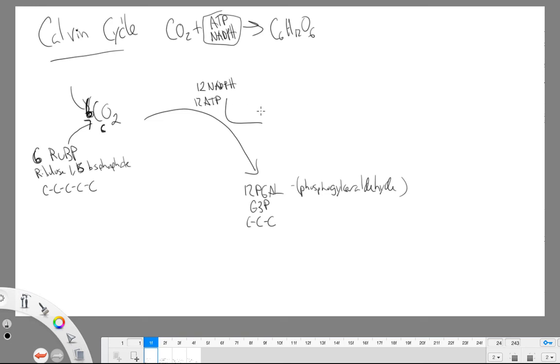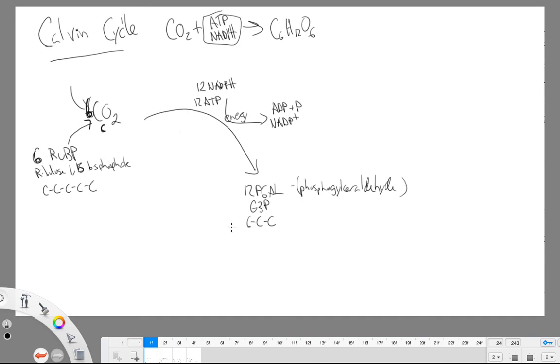And they are going to provide the energy. They're going to break down into ADP plus a phosphate group and NADP plus. And through that breaking down, through the loss of the electron here and the phosphate group here, it's going to create energy. And that energy is used to combine these to make these 12 PGALs.